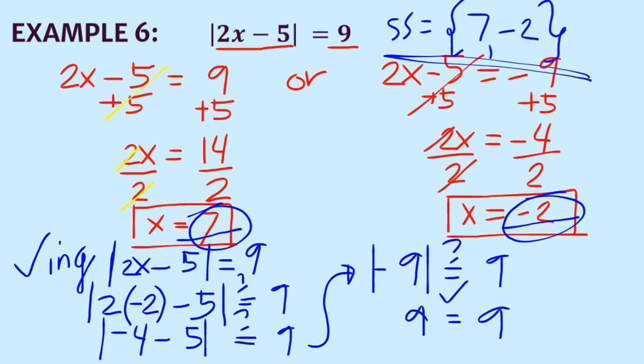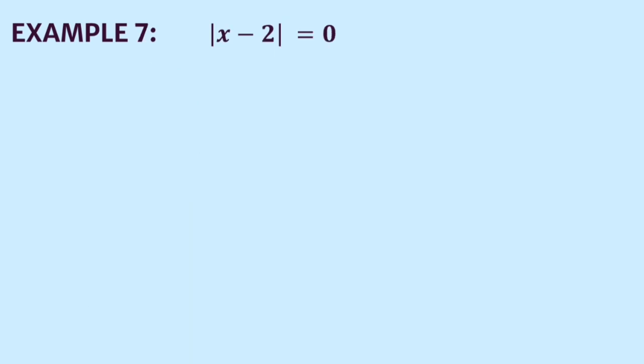Let's have another example. The absolute value of x minus 2 is equal to 0. For the first statement, we have to take the expression inside the absolute value notation and equate it to the positive value of our right hand side. The same goes for the second statement, but we have to put negative 0.